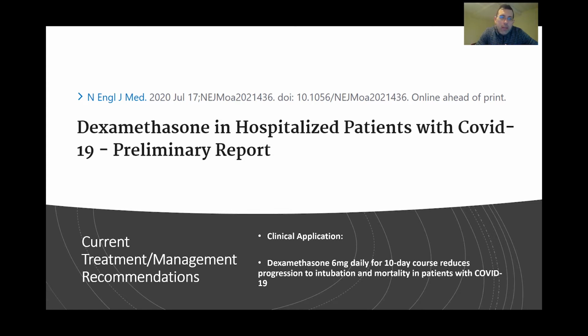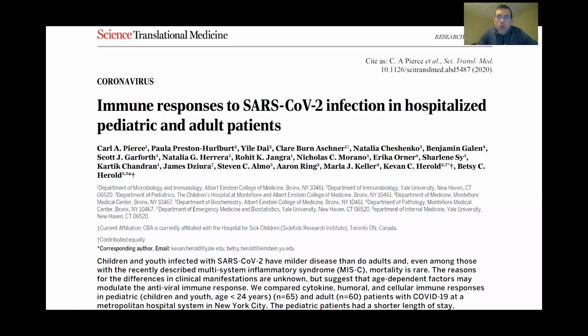So why do we think that these steroids are beneficial? This is interesting. This particular paper talked about the differences in the immune response between the pediatric and the adult population.